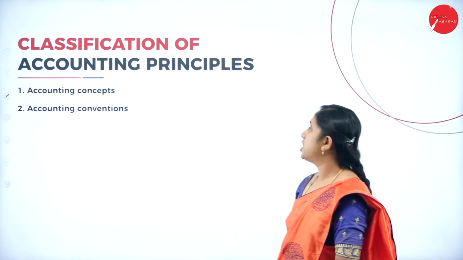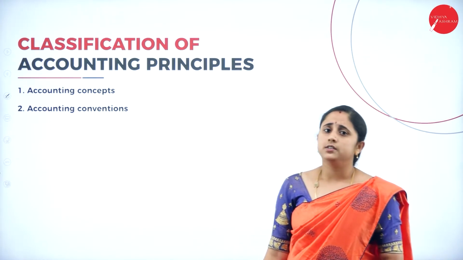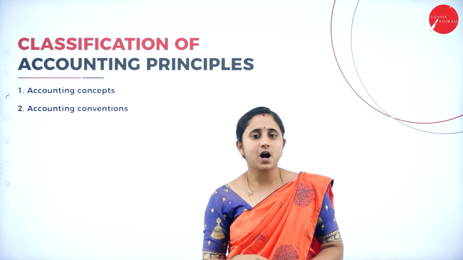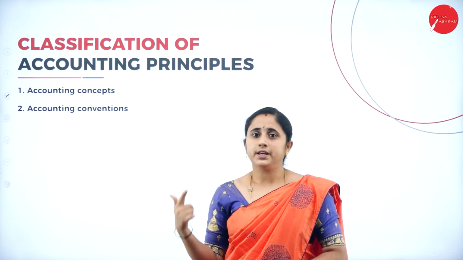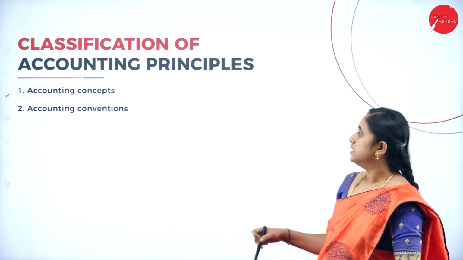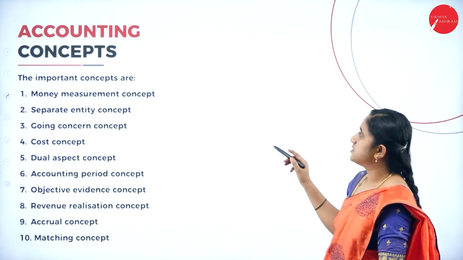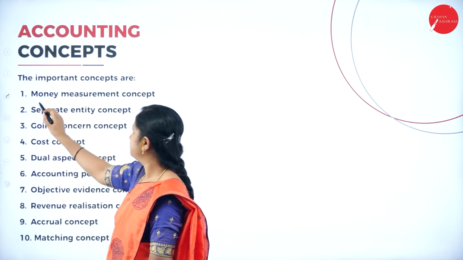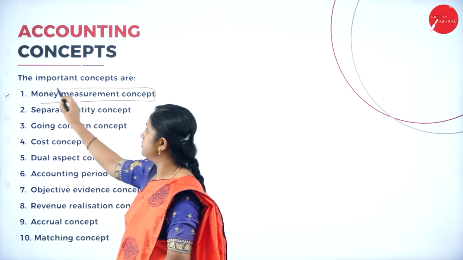The classification of accounting principles. The accounting principles are classified into two, that is accounting concepts and accounting conventions. First, accounting concepts. In accounting concepts, the first one is the money measurement concept.